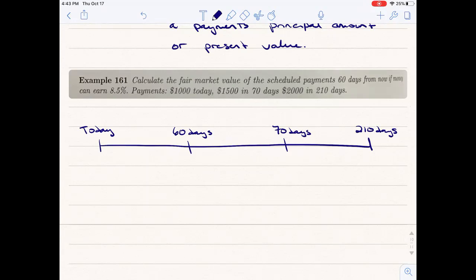Now, next step, we put the dollar amounts underneath each of these blips, if they have a dollar amount. So we have a payment of $1,000 today, $1,500 at 70 days, and $2,000 in 210 days.